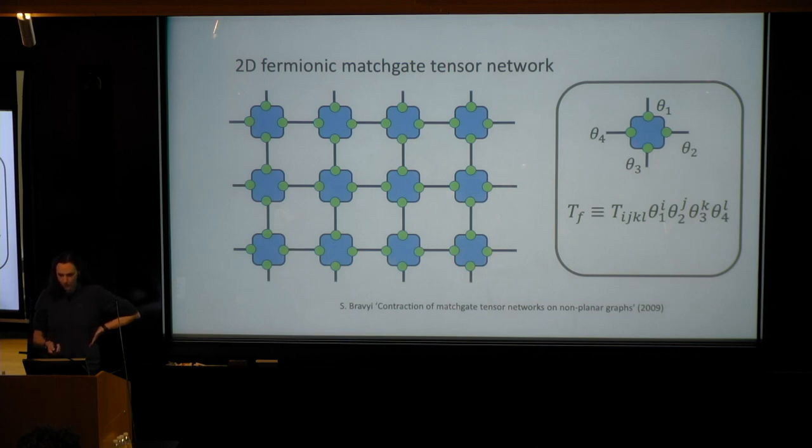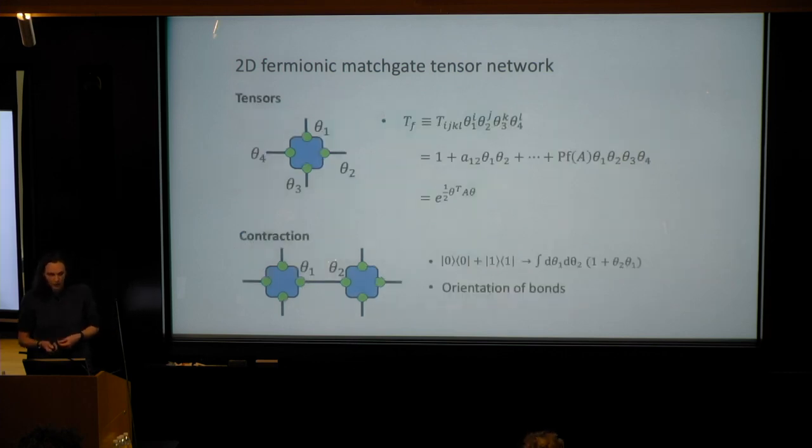So if you want to fermionize this whole two-dimensional tensor network, there are two things that you need to consider. First of all, you need to derive the fermionic versions of your tensors, and then you also need a fermionic prescription of the contraction in the tensor network. The first prescription proceeds as I just said.